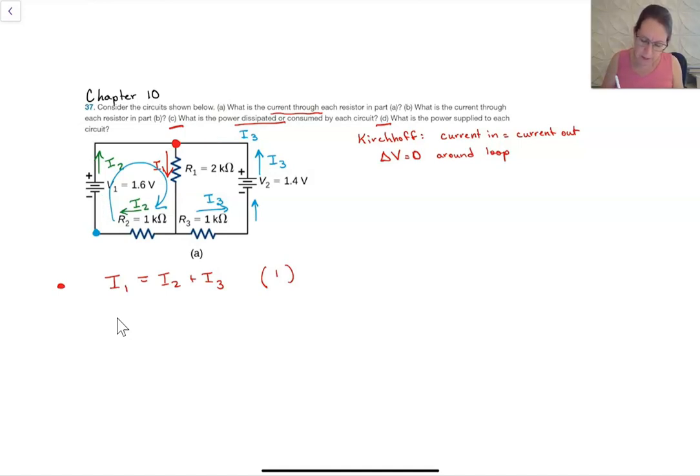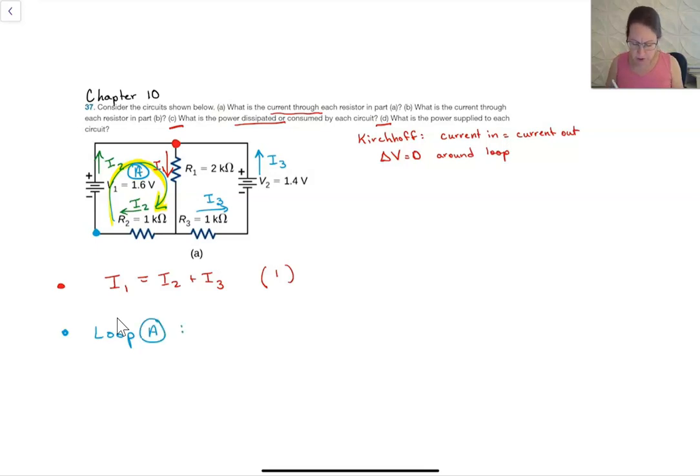Okay, if I do this first loop, I'll highlight it. We're going to start at this bottom left corner where the blue dot is, and I'll call it loop A because I've got too many numbers already.